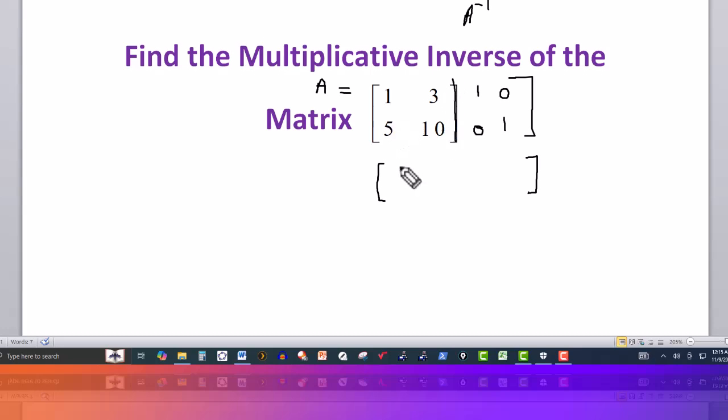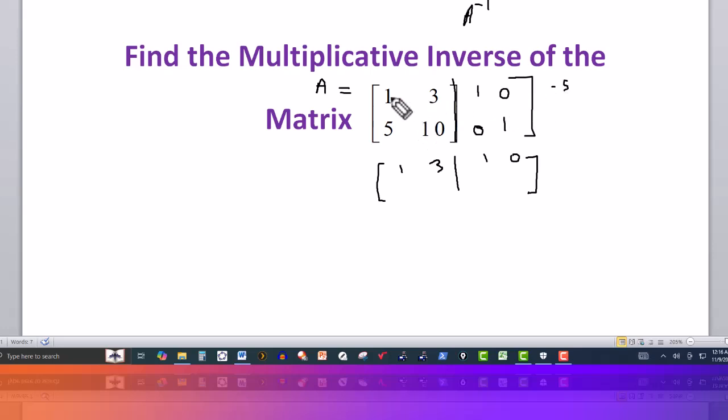So I'm going to use row operations. I'm going to use the first row, multiply it by a negative 5, and add it to the second. These are row operations, the same sort of thing you do when you solve a system of linear equations, to eliminate the x or the y. So multiplying the first row by negative 5, and then adding to the second, that's legal.